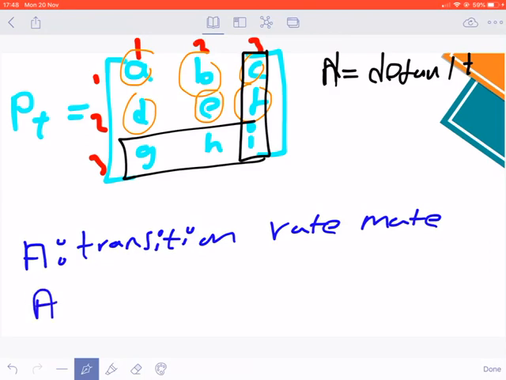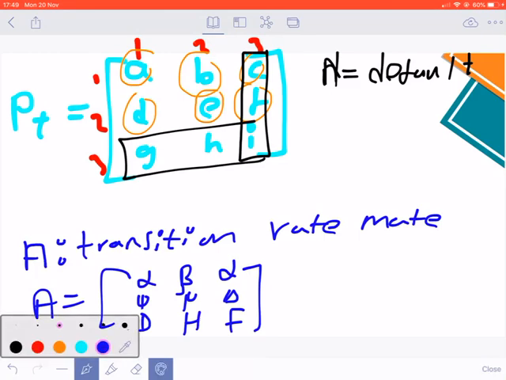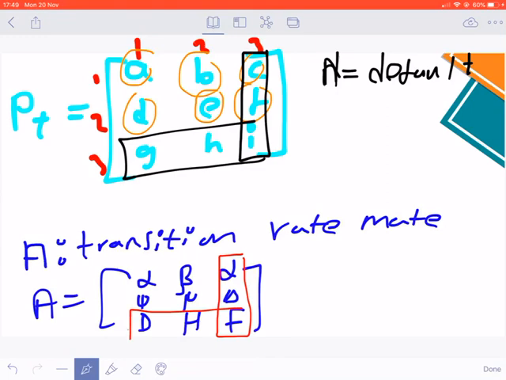So let's say you have your state A, and then you're going to have some values, say beta, and so on. If you have these values over here, this tells you the rate at which you are going to move from one state to the next. And again, this over here is the default state.